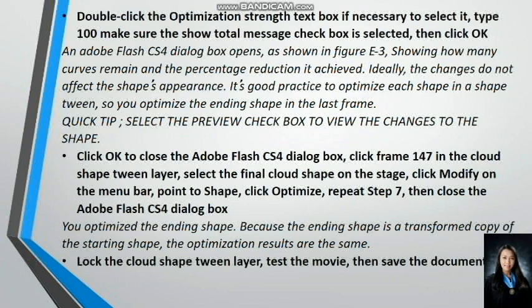Click Optimize and repeat all the steps for all your objects. Next, lock the cloud shape tween layer and test movie, then save your document into a file you want.